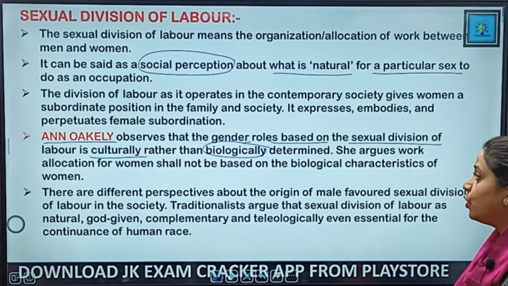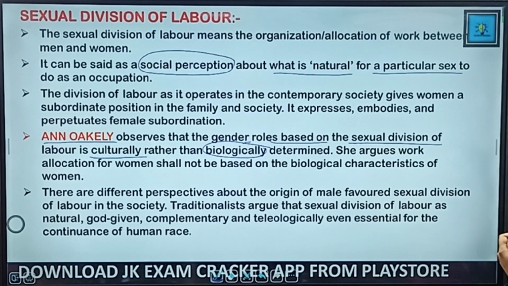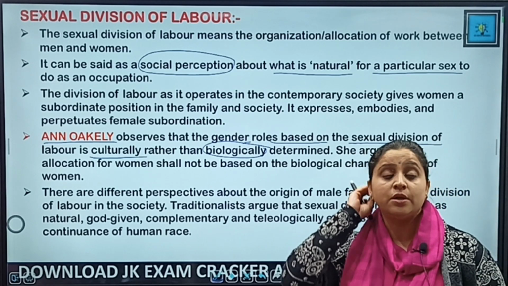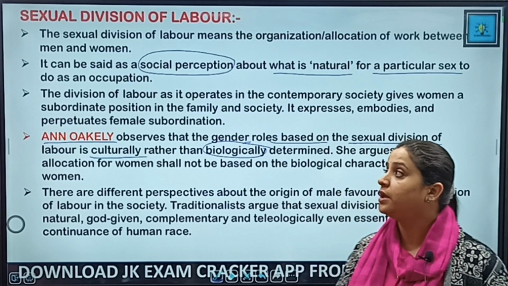But it is not so, it is culturally determined, because women का जो काम है it is not on the basis of their biological characteristic but on the basis of what culture they are in.